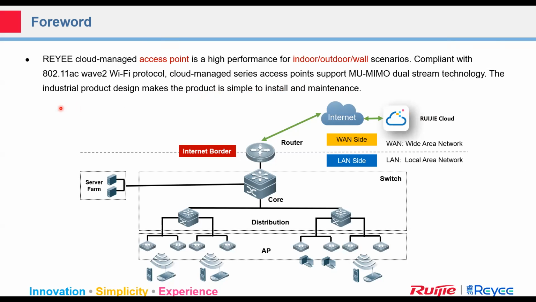It is compliant with the 802.11 AC Wave 2 Wi-Fi protocol. It's a cloud managed series which supports MU-MIMO, dual stream technology. It's an industrial product design, so it's simple to install and maintain.